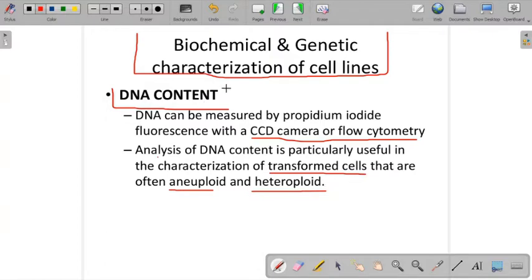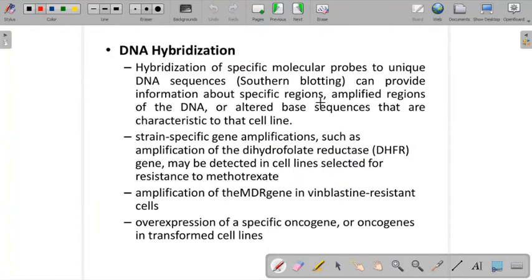So we count the DNA content, and with respect to it, we understand whether that organism has normal DNA content. If it is much more than the normal, then we can say that they are in an abnormal state. The second thing is, with the help of DNA hybridization, we can count.